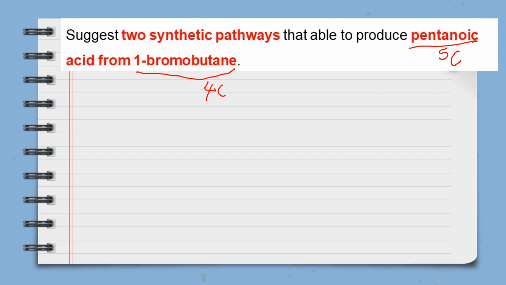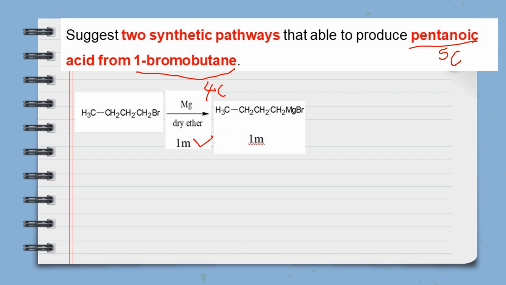Okay, we look at the first method here. Our haloalkane reacts with magnesium in dry ether, 1 mark, to produce Grignard reagent, another 1 mark. This Grignard reagent reacts with carbon dioxide followed by hydrolysis, another 1 mark, to produce carboxylic acid.